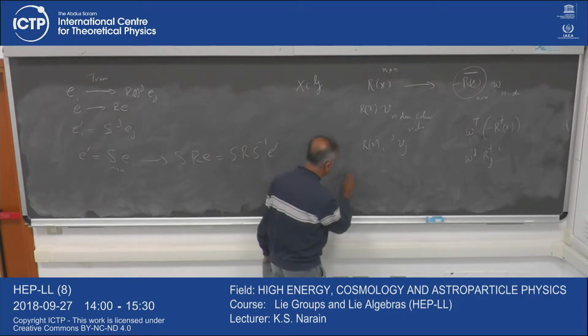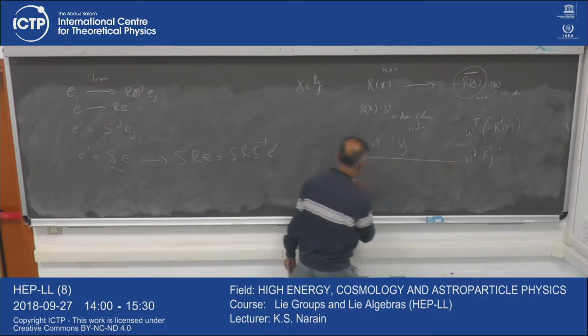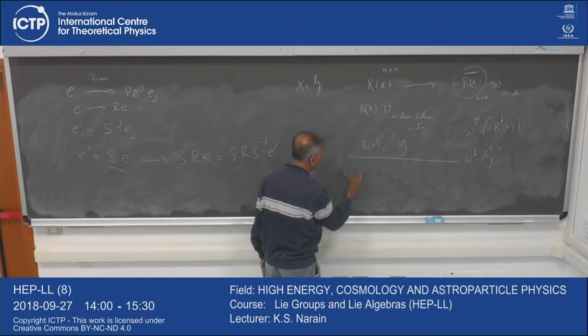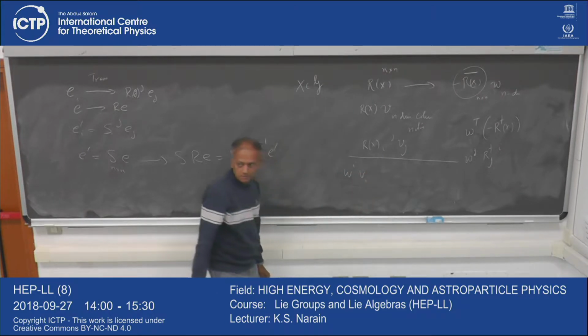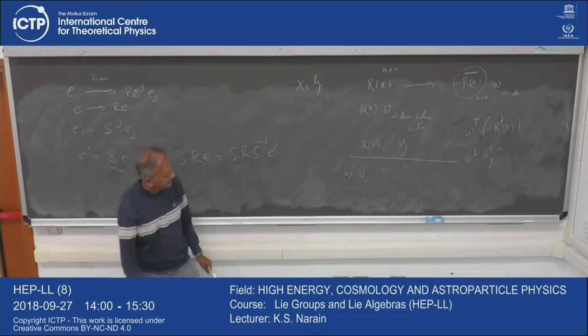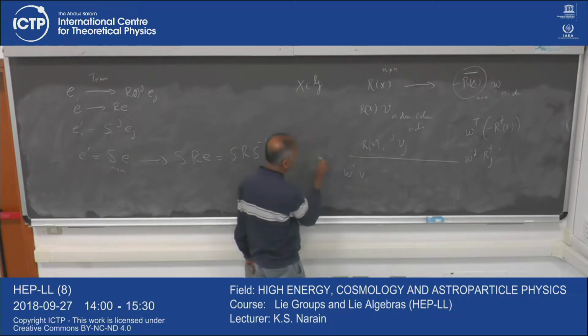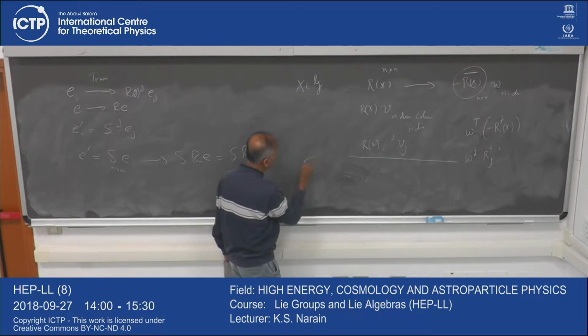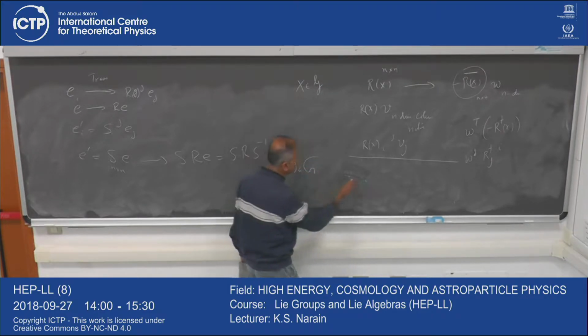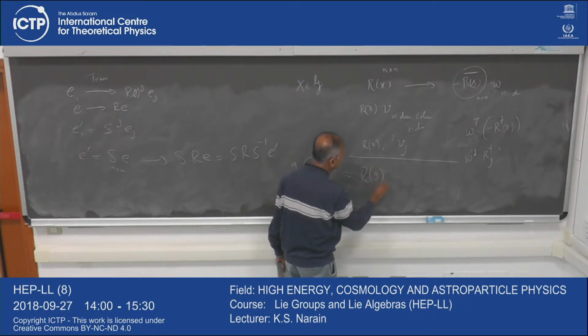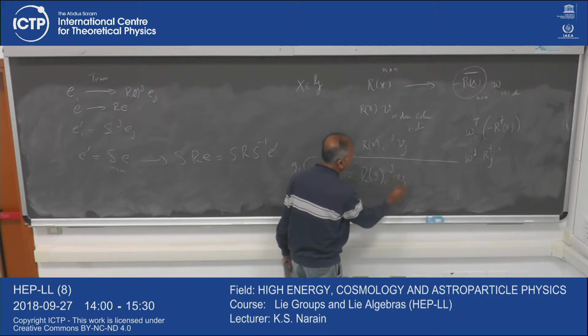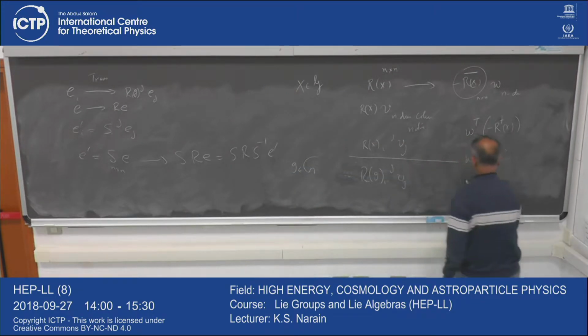Now let's consider a combination which is Wi, Vi. By the way, the same thing is going to happen for the group. Here I talked about the Lie algebra, but if you talk about the group, say g belongs to the group, then this will again be Rg, Ij, Vj, and Wj.